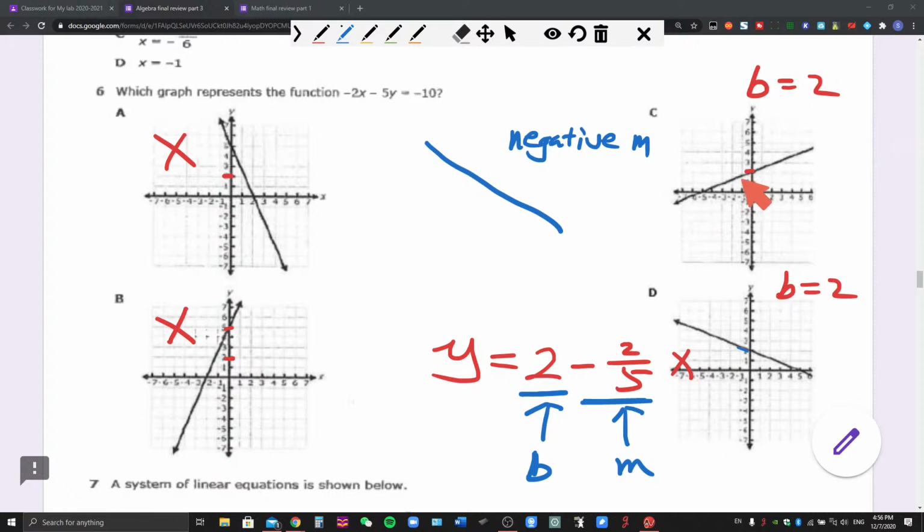C is going right and up, so C will have a positive slope. Even though we didn't find out exactly how much it is, we can tell C has a positive slope and D has a negative slope. So it's going to be D, right? C, the slope is wrong, and D is correct. So the answer will be D.